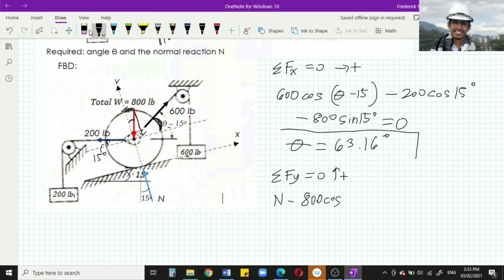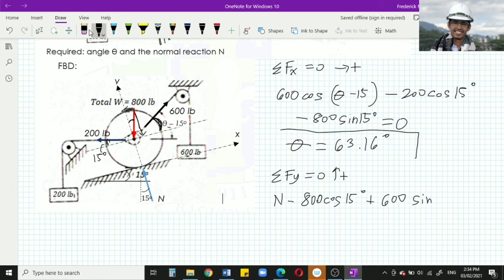So cosine 15 degrees. May plus, so upward yung ating 600 pounds and 200 pounds. So 600 pounds yung y component niya, so sine yung ating gagamitin. So that will be sine theta minus 15 degrees.